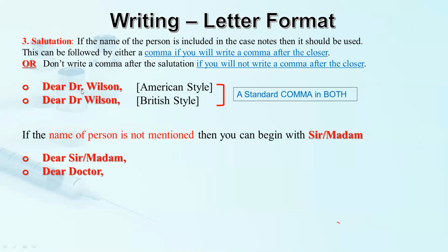And remember the difference between writing titles in American and British English: in American, we include this period, while in British, we don't. So this is the difference between American and British. This can be followed by a comma if you will write a comma after the closer, or don't write a comma after the salutation if you will not write a comma after the closer.